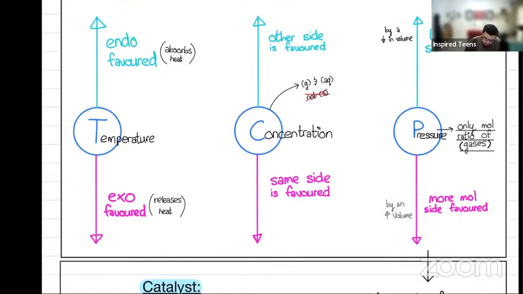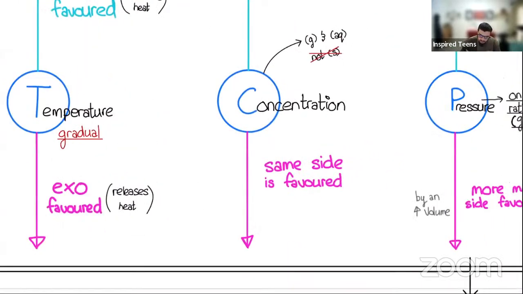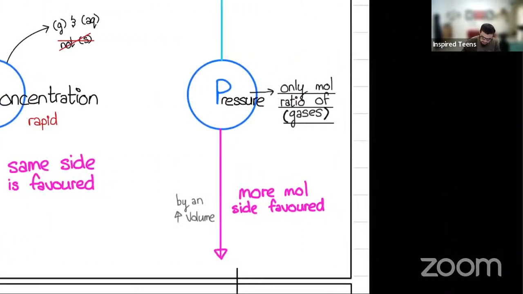One note that I'm going to make for all of them is how they look on the graph and how the change occurs. For temperature, you should always look out for a gradual change, because with temperature the change is always gradual, and it will make more sense when we do our graphs. For concentration, it's a rapid change, and for pressure, we also expect a rapid change.